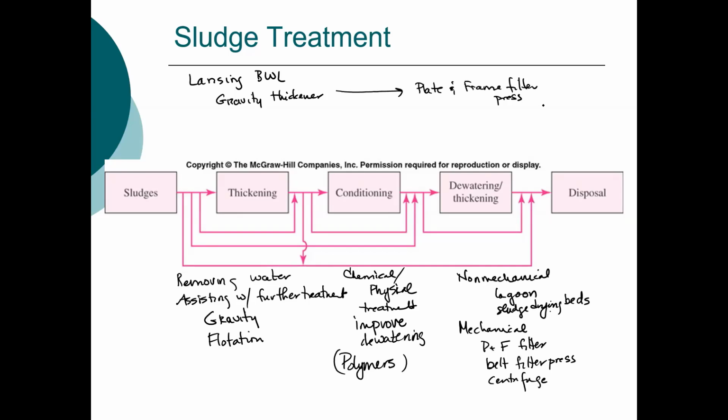What isn't shown here is stabilization. Stabilization is most often done with wastewater treatment. We're looking at converting organics to CO2, phosphate, if we can, nitrogen, and sulfate.